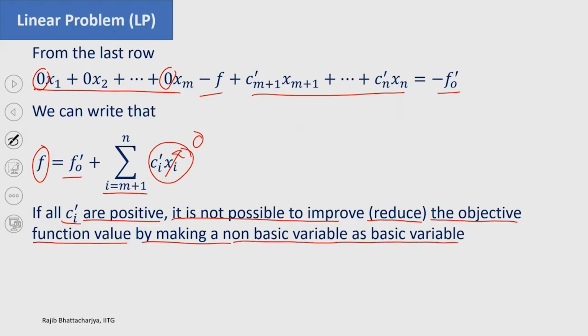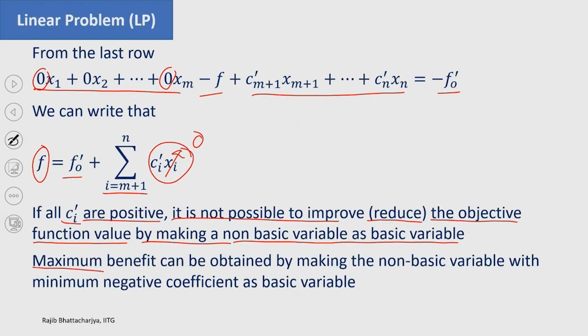So, as I have shown you in the last class, if all c i dash are positive in the objective function row, it is not possible to improve the objective function value by making a non-basic variable a basic variable.